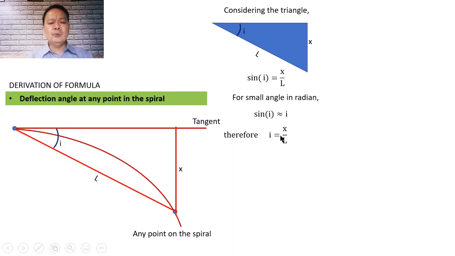And because we already have defined the formula for finding the value of X, which is given as L cubed over 6 L sub C R sub C, if this will be substituted to the value of X in the I formula, therefore our I will become equal to L cubed divided by 6 L sub C R sub C, all divided by L. And this L will cancel.